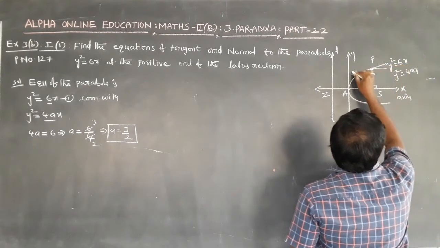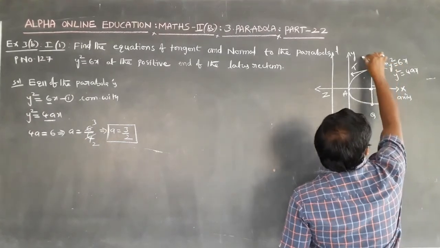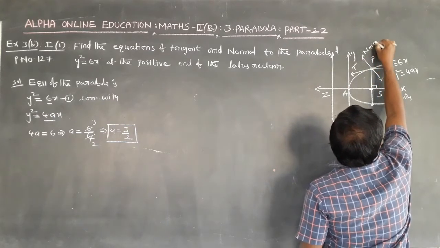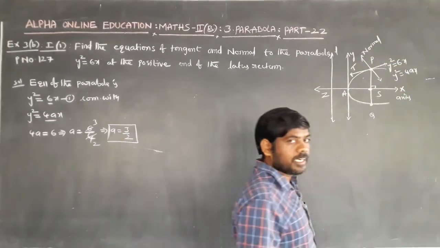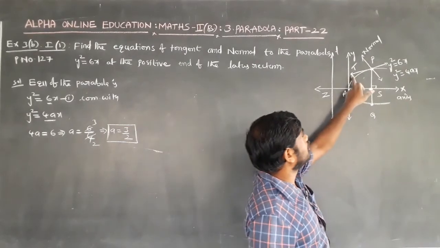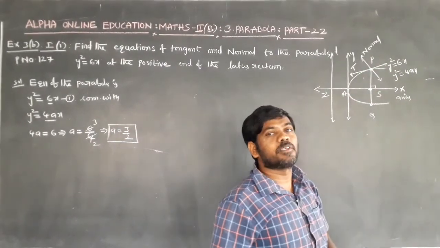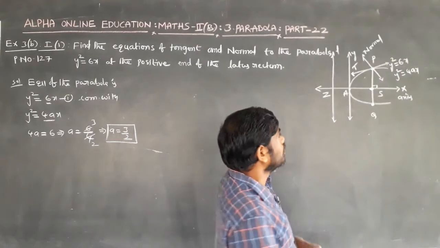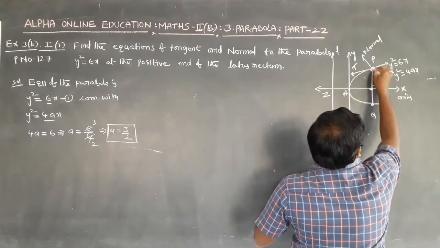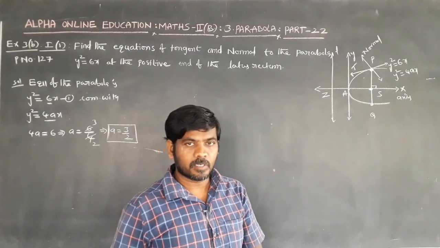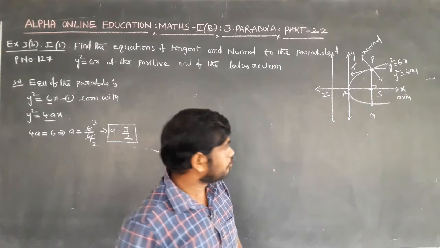This is the equation of the tangent. This is the equation of the normal. Here, find the equation of the tangent and normal at a point P. The point P is not given, so first of all we find the coordinates of the point P.